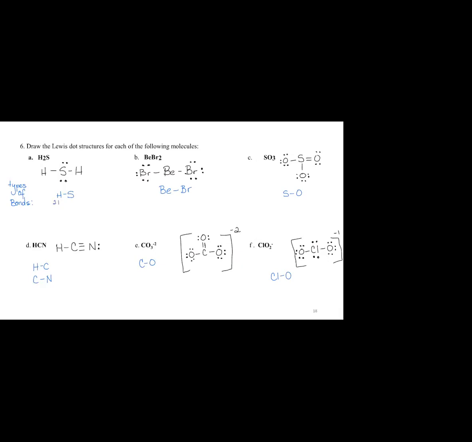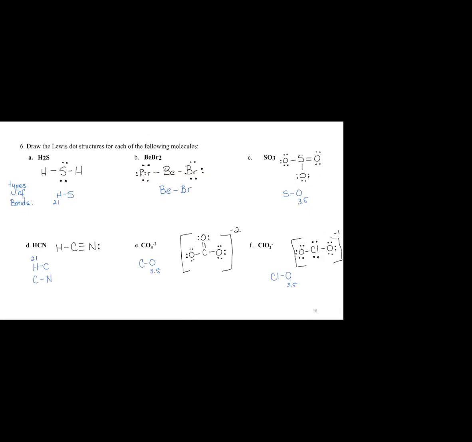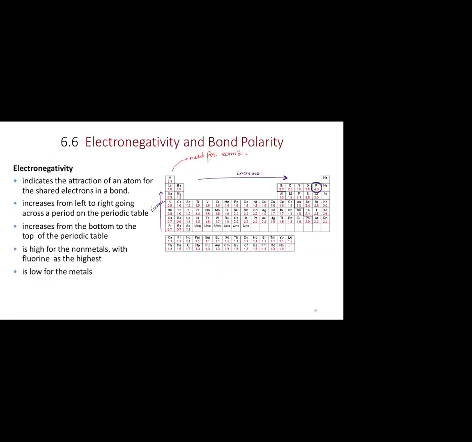This is 2.1. This is 2.1. Oxygen is 3.5. 3.5. Let me go back. Sulfur is 2.5. Bromine and beryllium. Bromine is 2.8. Beryllium is 1.5.